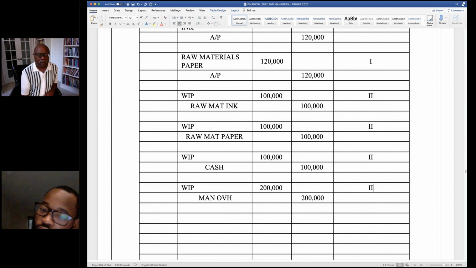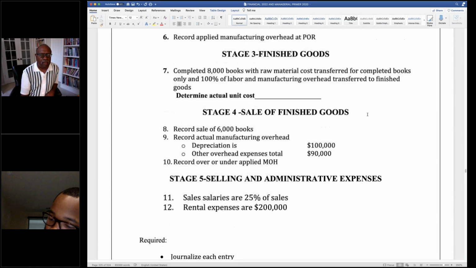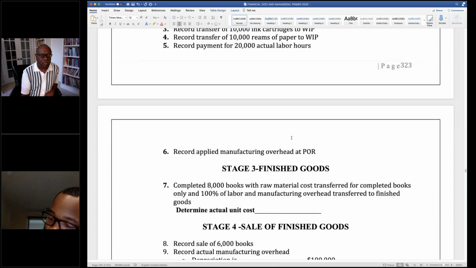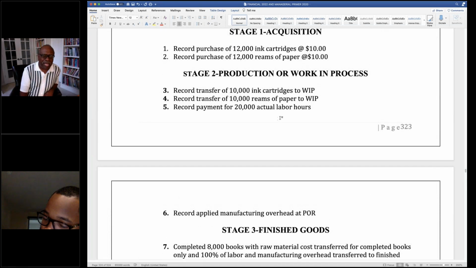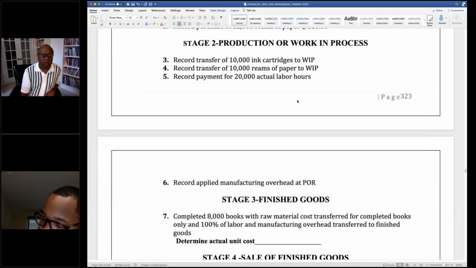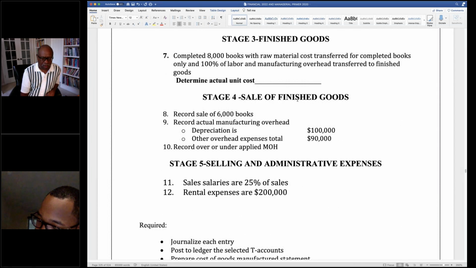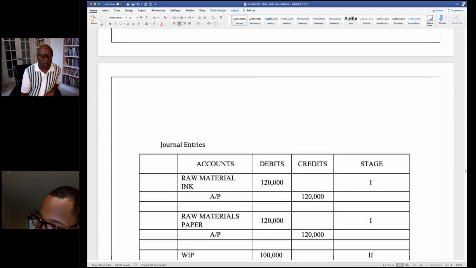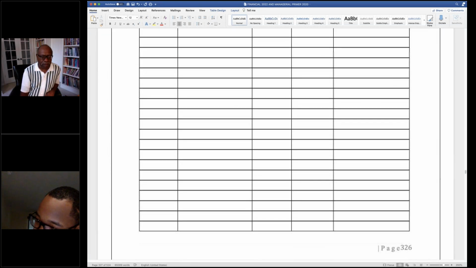For this, we multiply the POR by the labor hours. That's why we calculate the POR: as we get into making the item, we don't know how many we're going to finish making, and labor hours is a better determinant of that. So POR times the 20,000. Correct. Now let's go and post that.